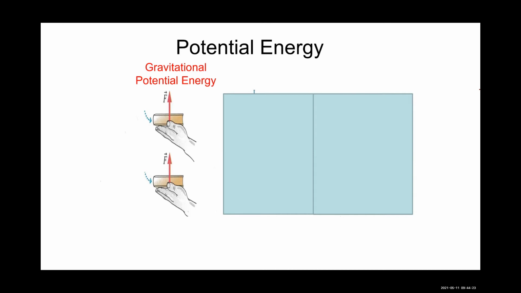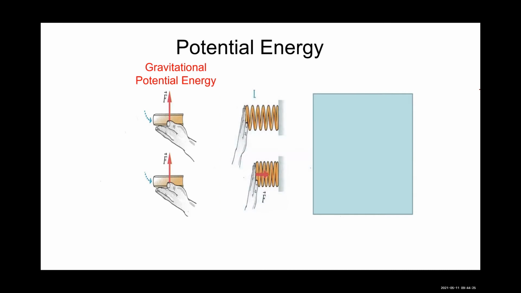So I've changed the gravitational potential energy of this object by exerting a force and causing it to move through a distance. Next scenario, I have a coiled spring at its natural length to start out with, but then I push it in with my hand so it is compressed. What would we have to say is happening to the elastic potential energy of the spring? Well, it is being increased, because I'm displacing that spring from its natural length.